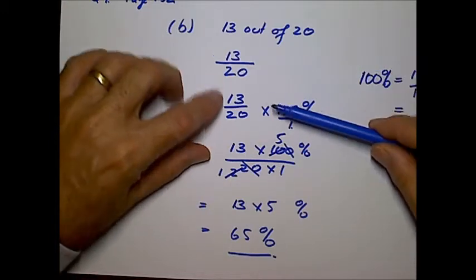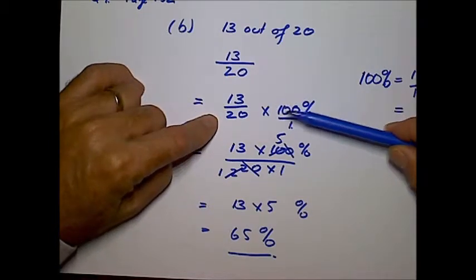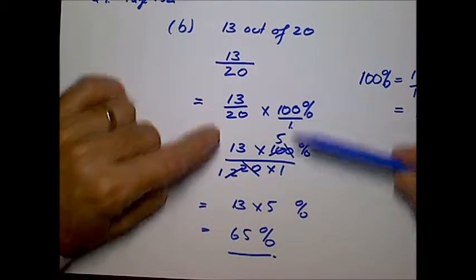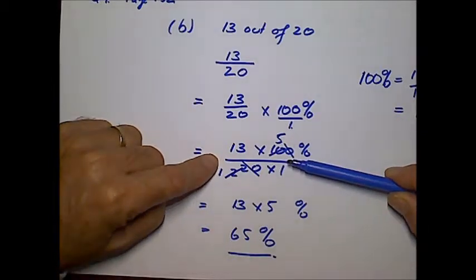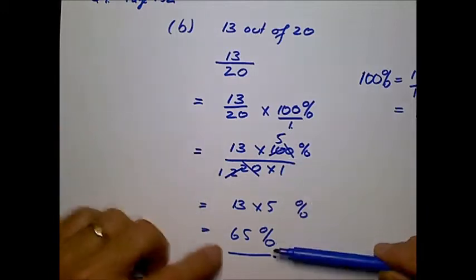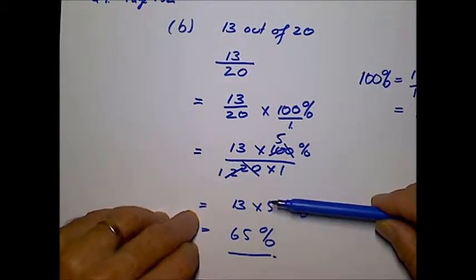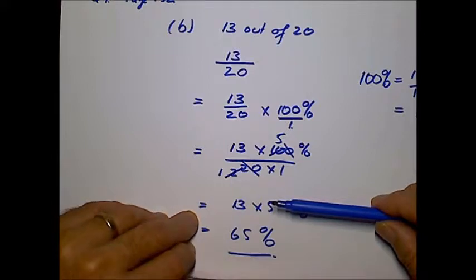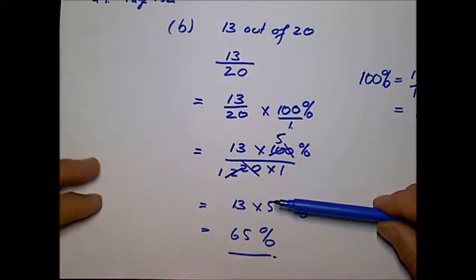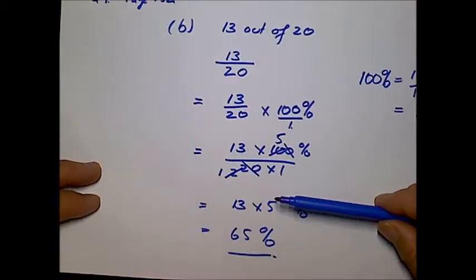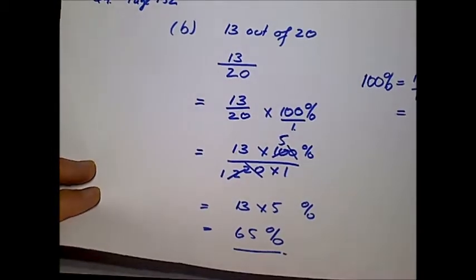So all we're doing here is multiplying 13 over 20 by 1 in a convenient form. Don't forget this step where we're looking for common factors. And of course, if you want to, you can always use your calculator to simplify the problem. But for most of these problems that you'll be doing, you can simply solve the problem by cancelling common factors. So that's an example from question 4, page 152.